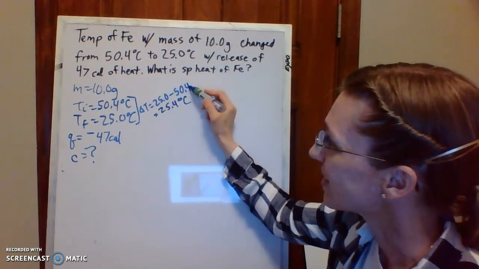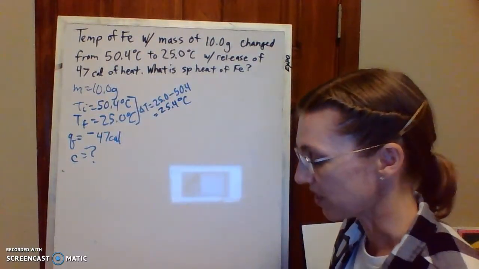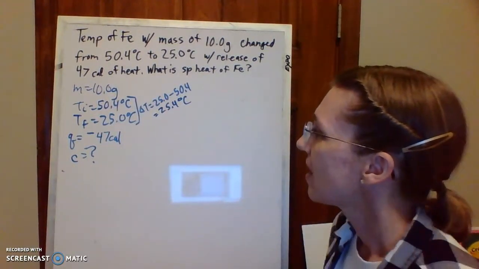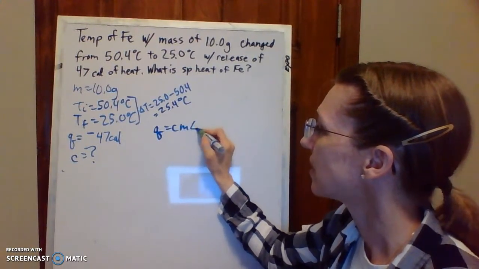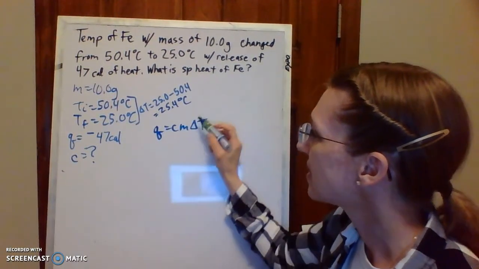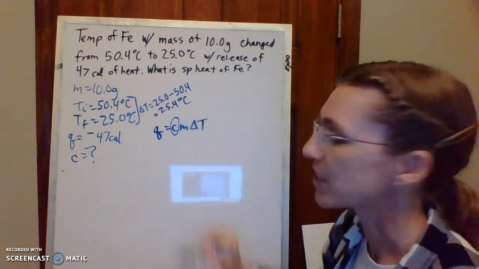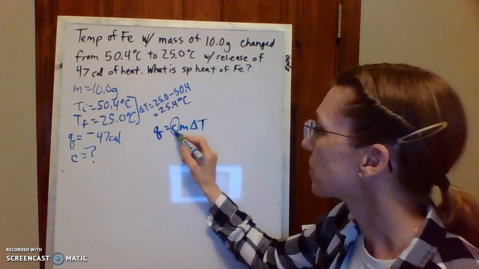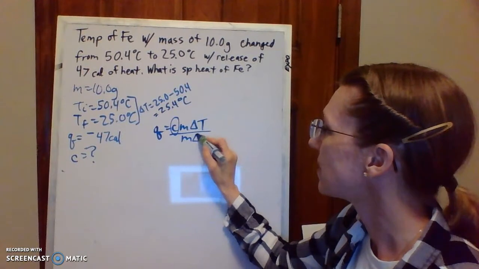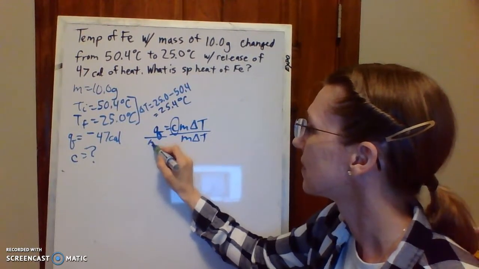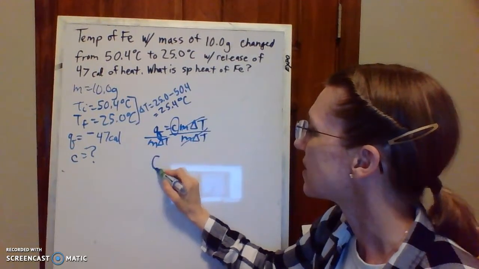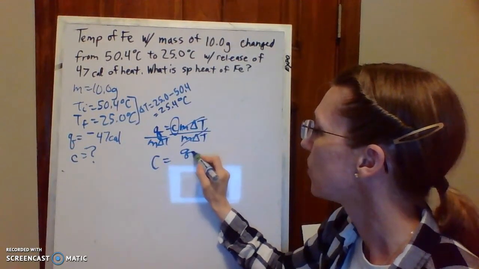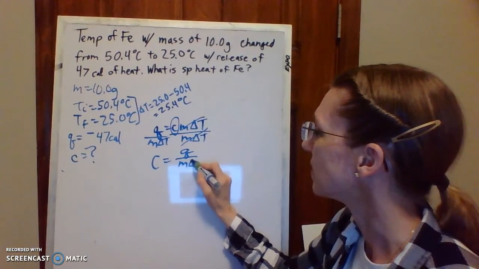Our significance is to the tenths place, so the answer is to the tenths place. Now we'll go to our equation. Q equals Cm delta T. And this time we are solving for C, which means we're going to divide both sides by m delta T. Those cancel out, so we've got C equaling Q divided by m delta T.